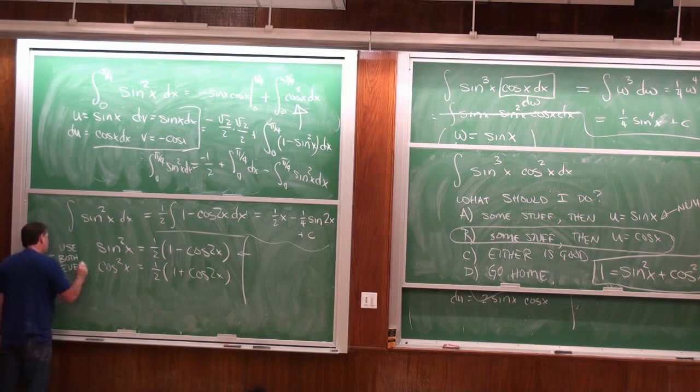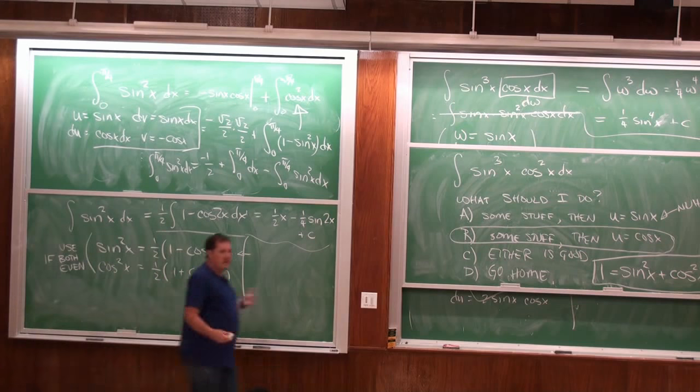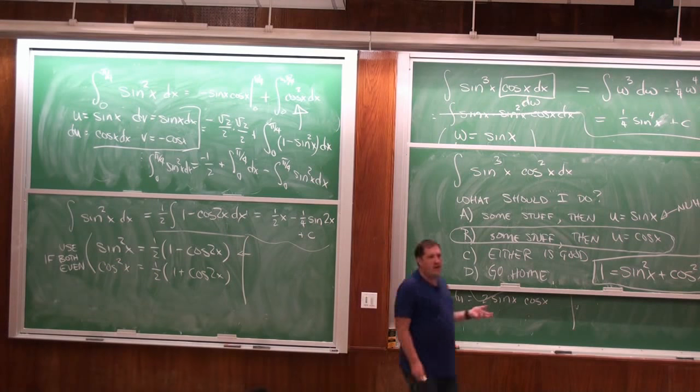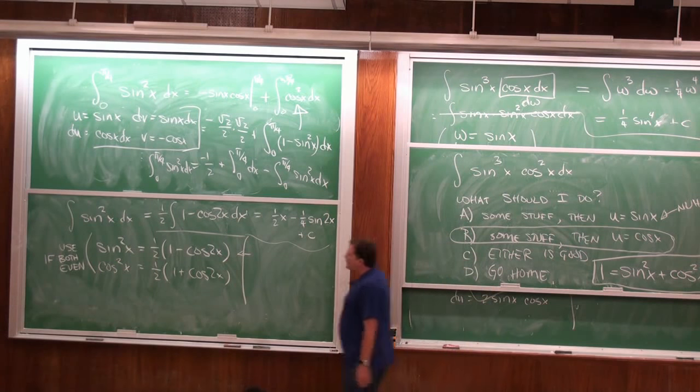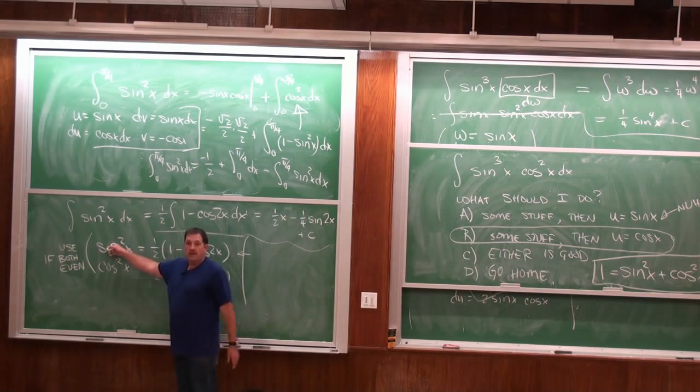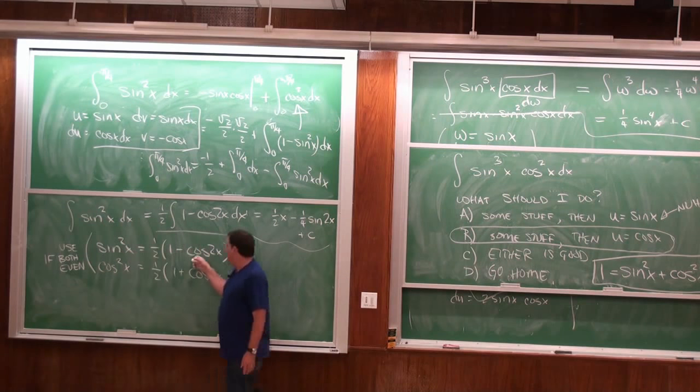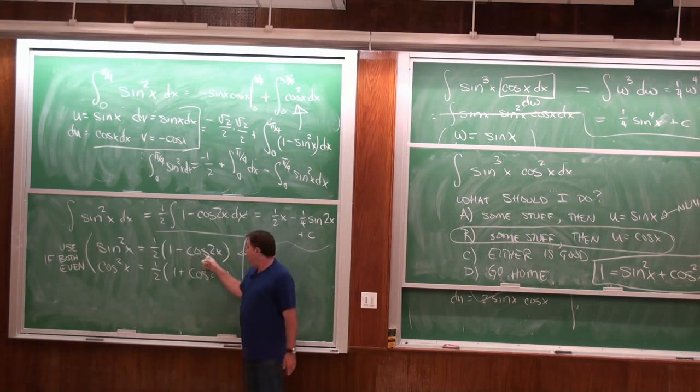So if you have an even number n, notice what this does. This takes an even power and turns it into half of that power. It changes the angle by a factor of 2, but it turns everything into half of that power.